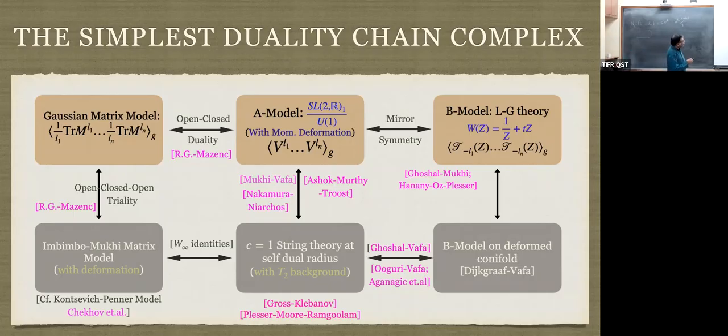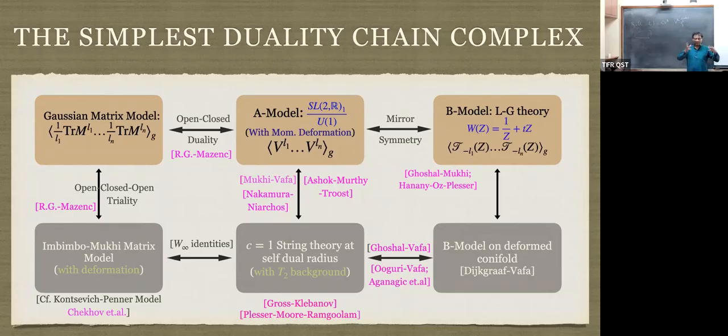But later, by various people, again Indian connections, Sujay Ashok and Samir Murthy and Prost and others, it was shown why these two are related, because you can use a parametrization of the coset and show that the scattering amplitudes of this theory are the same as the scattering amplitudes of this topologically twisted theory, because they're both two-dimensional, as you can roughly see.